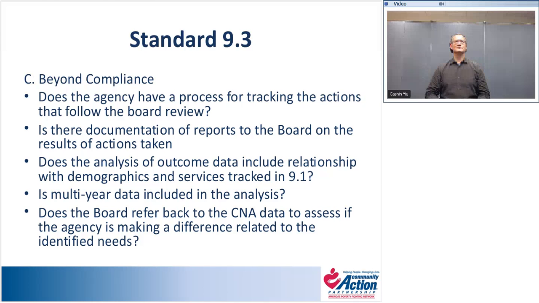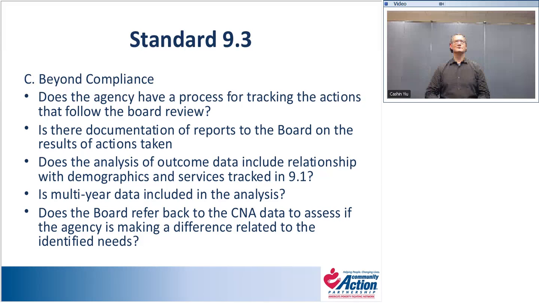Here again, the language of this standard says that the review is an analysis done of the outcome data, which might make you think that it's only about the data in 9.2.